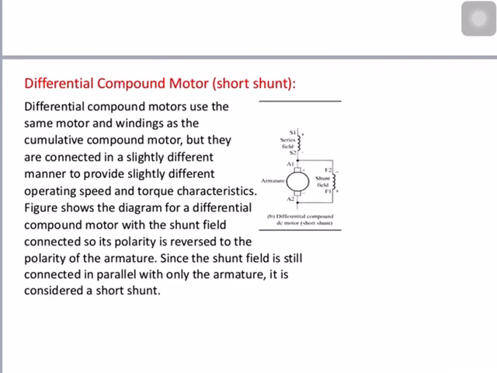When the shunt field's polarity is reversed like this, its field will oppose the other fields, and the characteristics of the shunt motor are not as pronounced in this motor, and the motor will tend to overspeed when the load is reduced as in the series motor, and its speed also becomes less than the cumulative compound motor when the load increases at full speed.